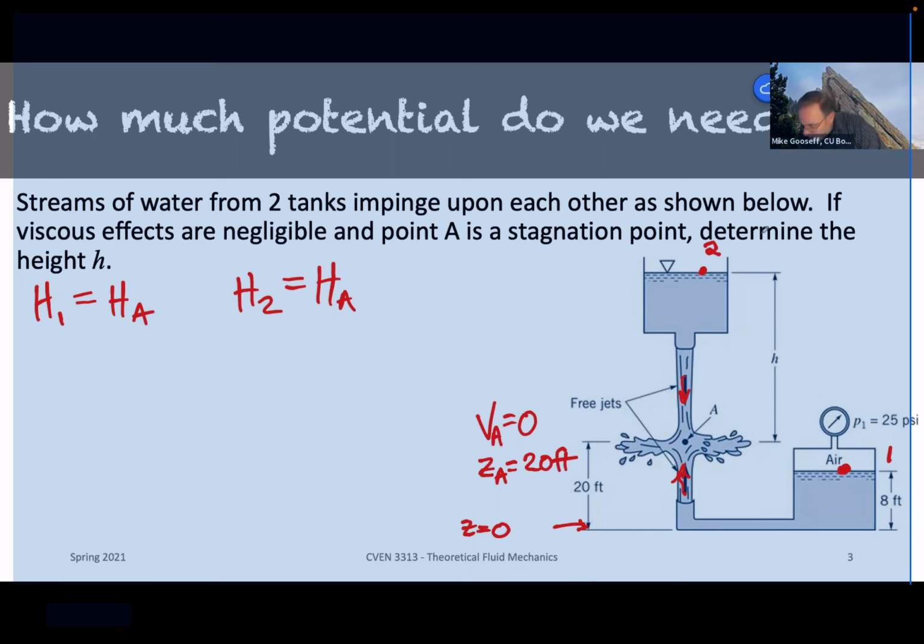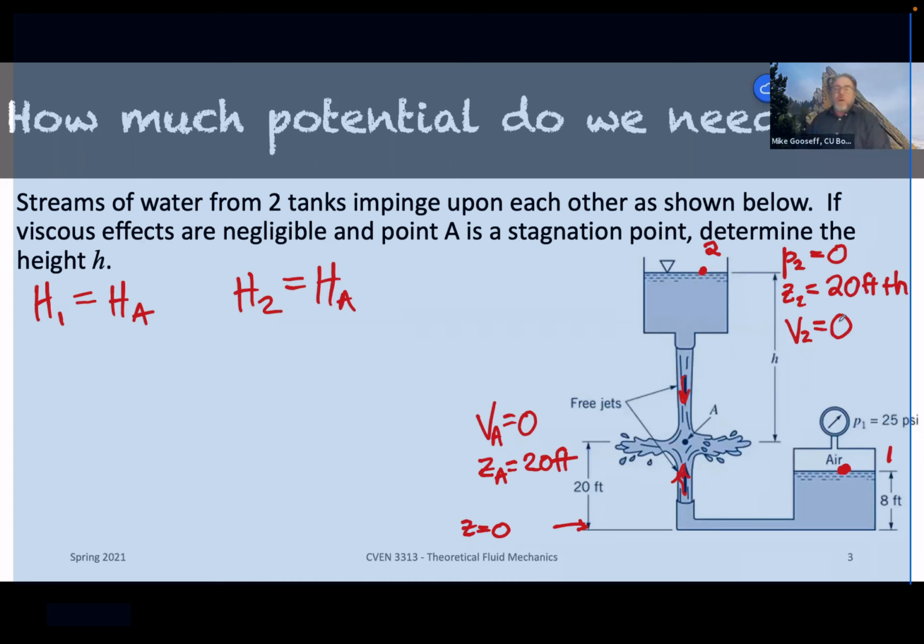So we said P2, of course, is going to be equal to 0 here, and Z2 is equal to 20 feet plus H. V2, simplifying our lives a little bit, is 0, right?